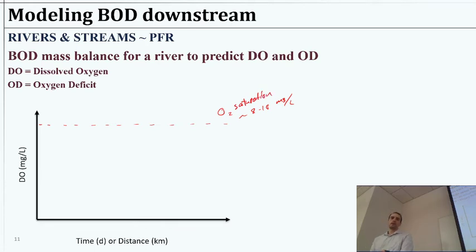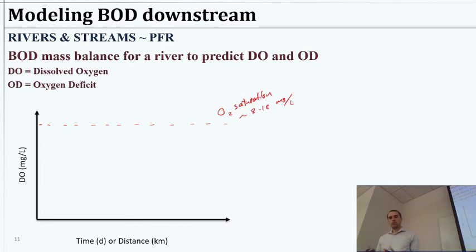And then we can look at how the dissolved oxygen in the actual stream or river changes over time, or as a function of how far it's flowed downstream. Time and distance typically correlate pretty well, especially if we have a stream or river where we're not having inputs from other rivers and all that.